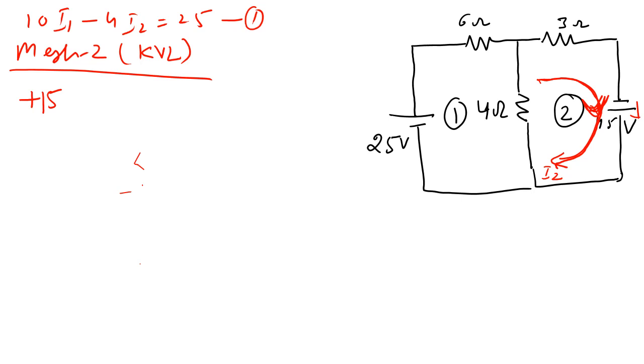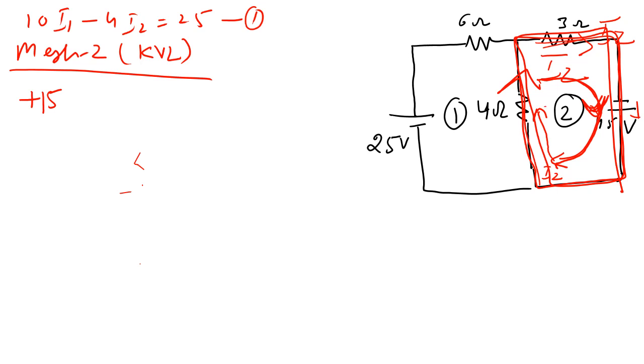When this mesh direction or loop direction comes here, the direction of I2 is moving like this.